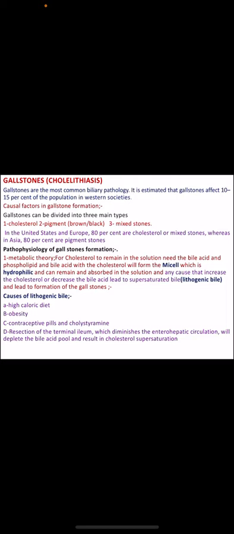Resection of the terminal ileum causes interruption of the enterohepatic circulation of bile, so this leads to decrease in bile acid, and decrease in bile acid leads to formation of supersaturated or lithogenic bile. So the causes of lithogenic bile are high caloric diet, obesity, contraceptive pills, cholestyramine, or resection of the terminal ileum.